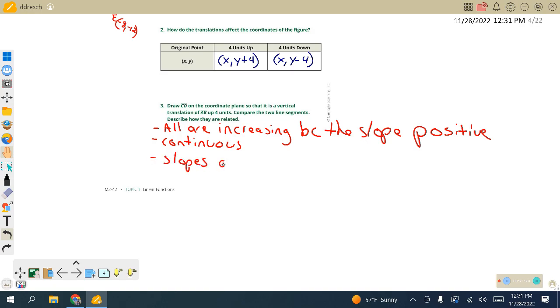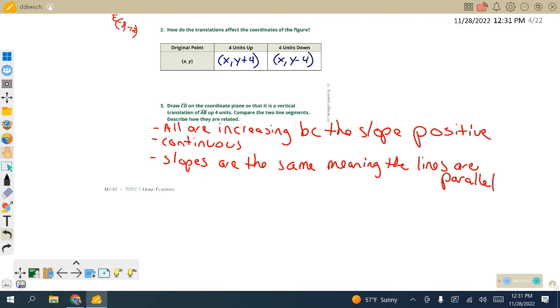Slopes are the same, meaning the lines are parallel. And the reason why those lines are parallel is because the slopes are the same.